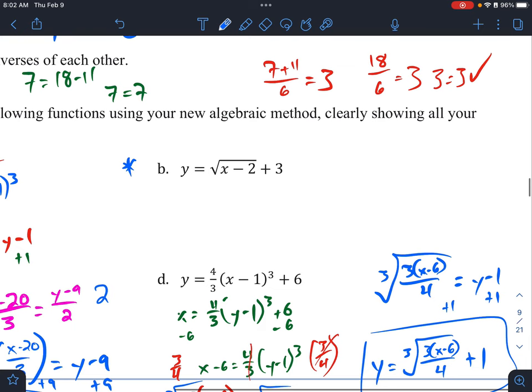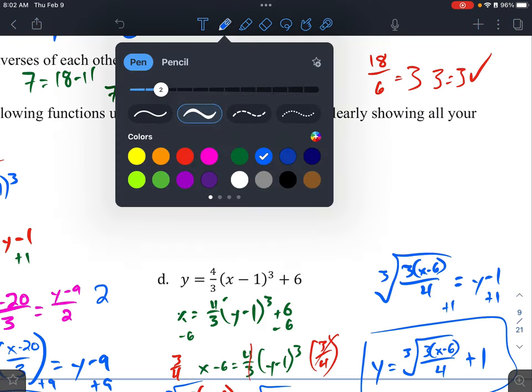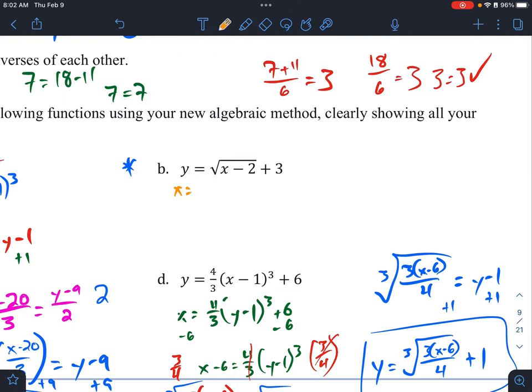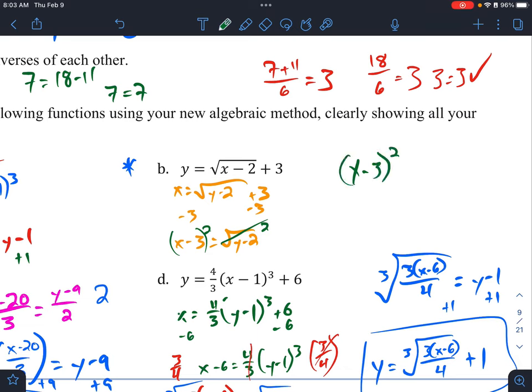And our last one here, again, this one is a little bit different, tricky perhaps. You get y equals the square root of x minus 3, plus 2. Subtract 2, square both sides, and just pause this as you need to. I get x minus 3 squared equals y minus 2.